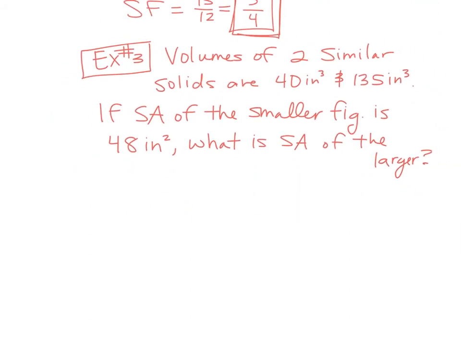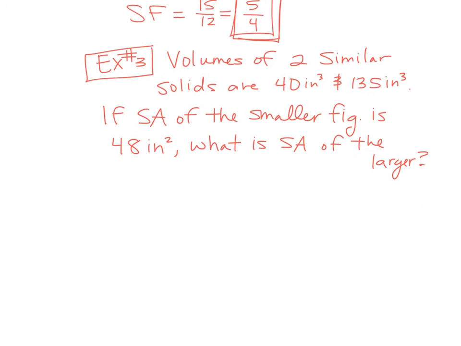Okay, so you have two volumes. You have the volumes of your two similar solids. So they're proportional, okay? They give us one surface area. We want the other surface area. So which ratio do we know right now?